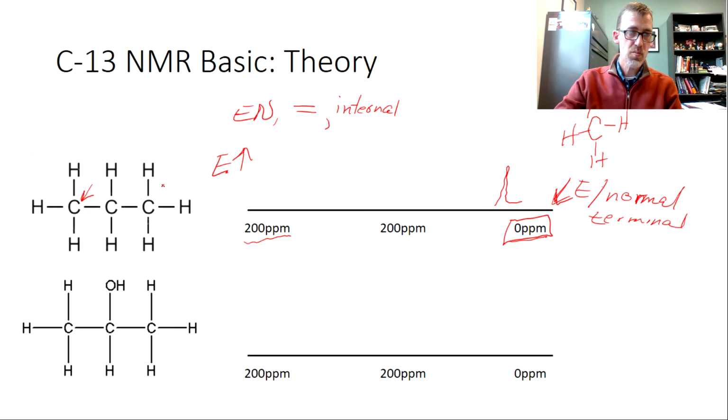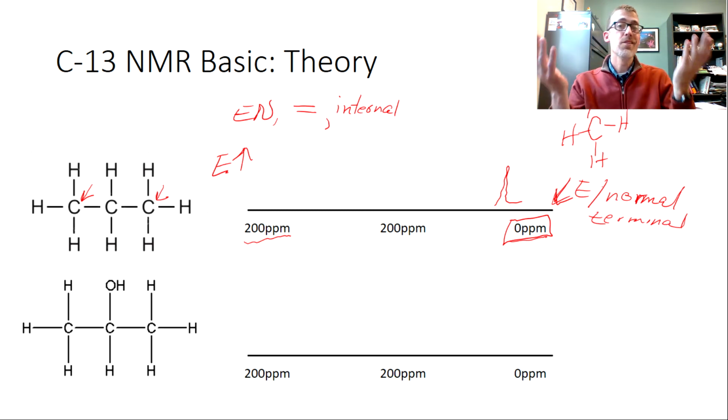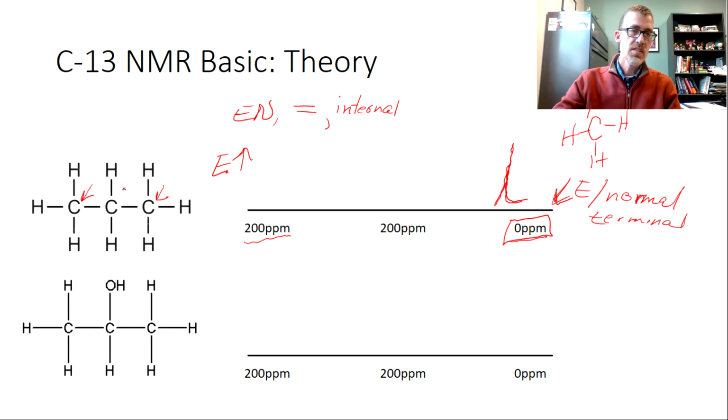Now if you compare carbon number 1 with carbon number 3, hopefully you'd see, because of symmetry, they are identical. So they're both going to emit the same frequency, which means that this peak I should expect to be twice as big. This carbon here in the middle, it's not very electronegative, there's nothing very unusual here, it's just internal, so it's not going to be very far downfield, but I'm going to probably see a peak to the left of our terminal carbon group, and this is pretty much what the spectrum should look like for propane.